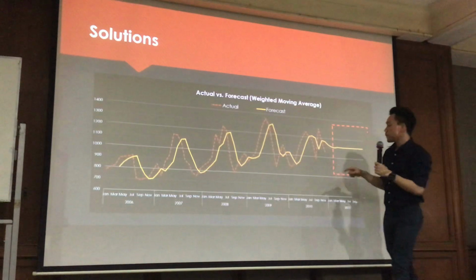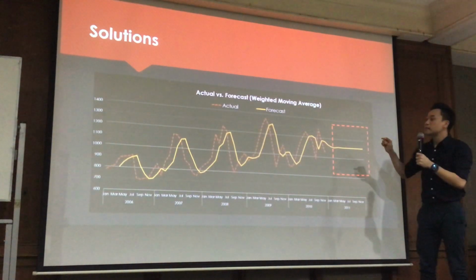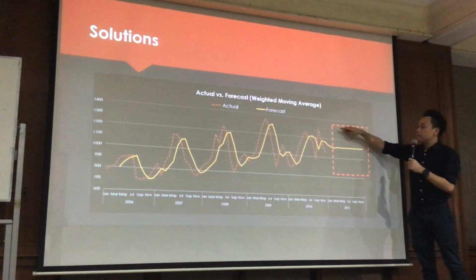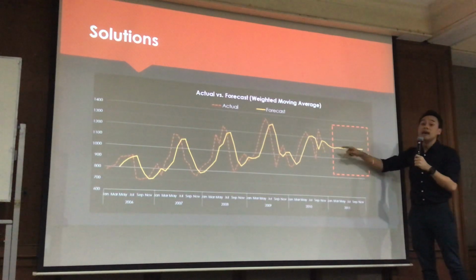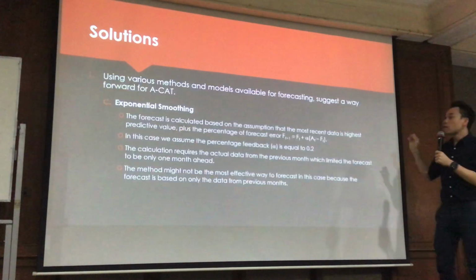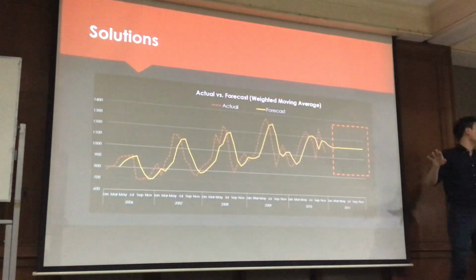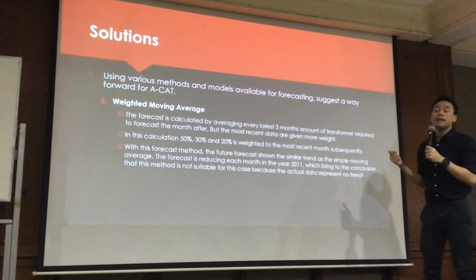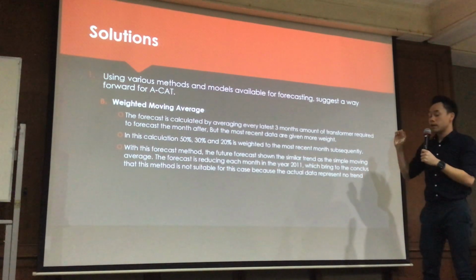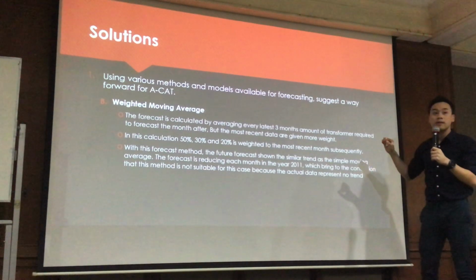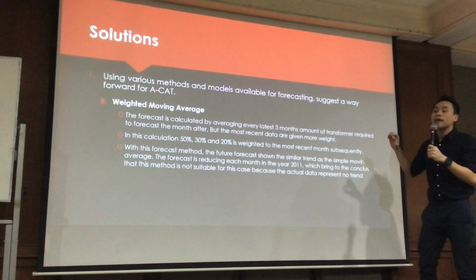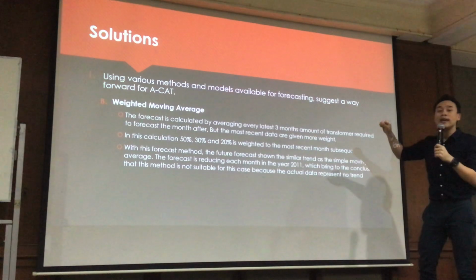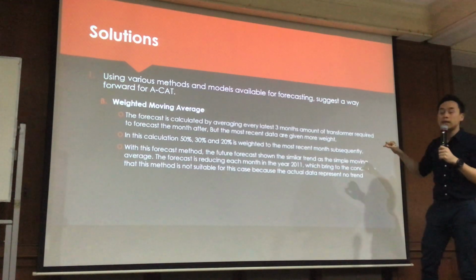With this one, we get a similar pattern of result, and in the forecast period it gives a straight line again. So in conclusion, the simple moving average and weighted moving average are not suitable for this kind of forecast, because we don't have an actual trend, and the data looks like it's fluctuating.